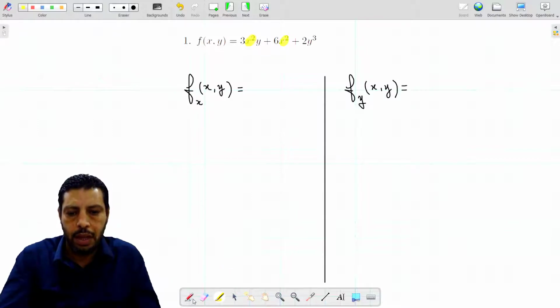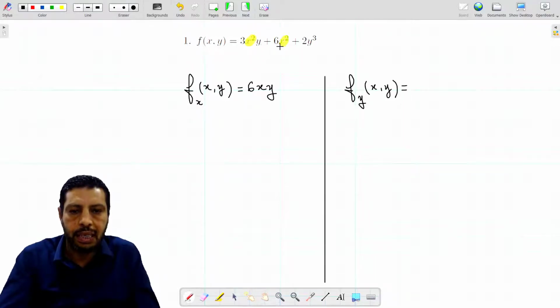The derivative of 3x squared y with respect to x will give 3 times 2x times y, since the derivative of x squared is 2x, which gives 6xy.